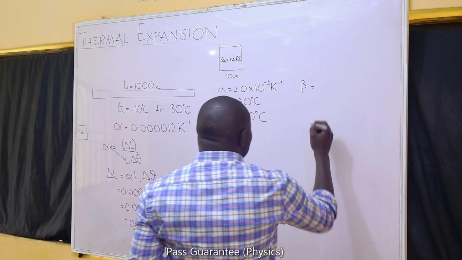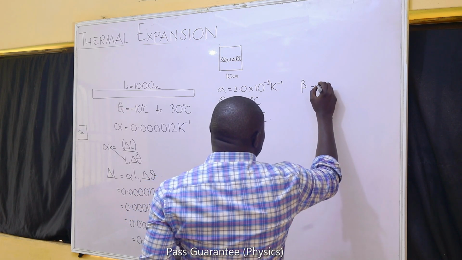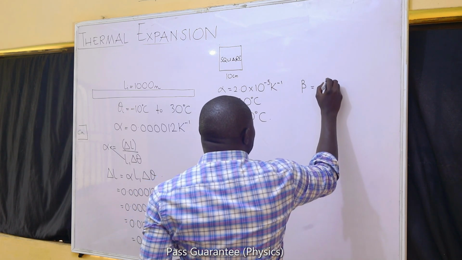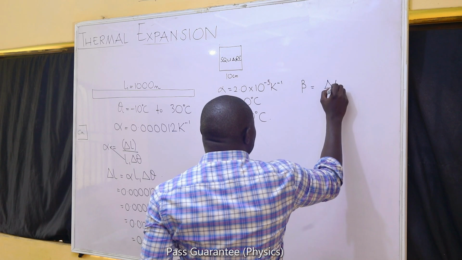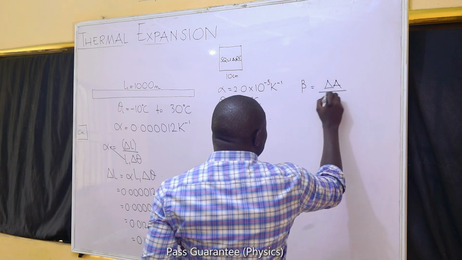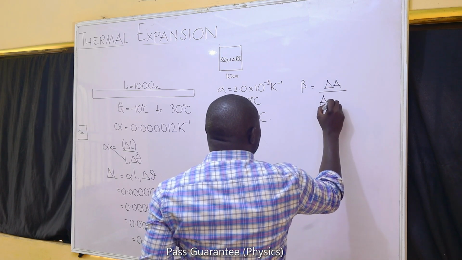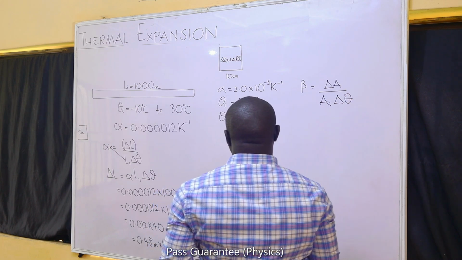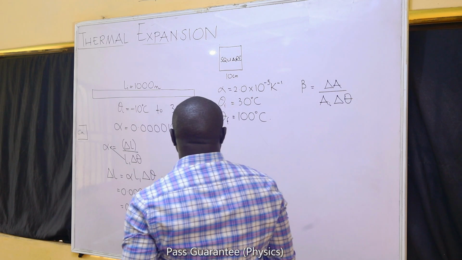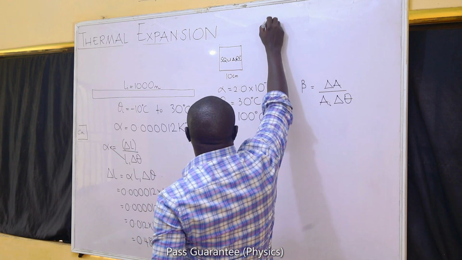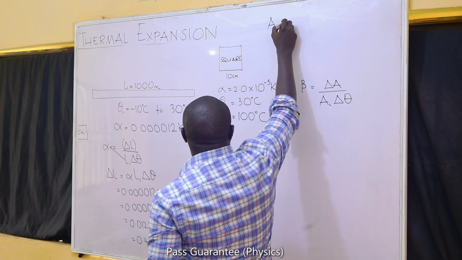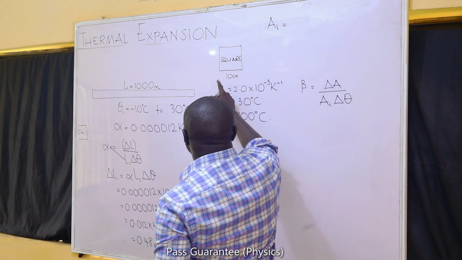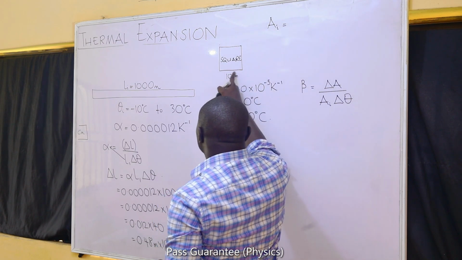So we can easily write out the formula that areal expansivity is the change in area all over the original area multiplied by the change in temperature. There are two things we are going to find before we can proceed. The very first thing is we need to know the initial area. That should not be difficult considering the fact that it is a square and we are given the length.